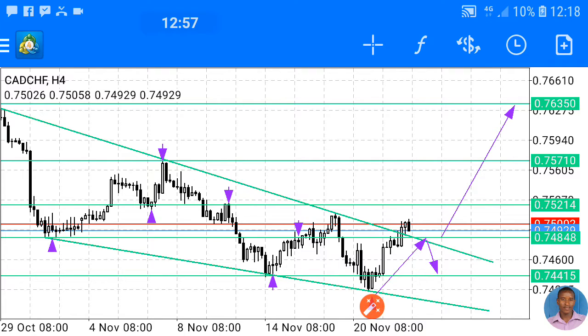Because if you try to ignore some of the areas on your setup, you will regret it. You need to be successful in forex trading, so please try to respect each and every area that the price has been respecting, and expect that the price would need to respect that area again in the future.